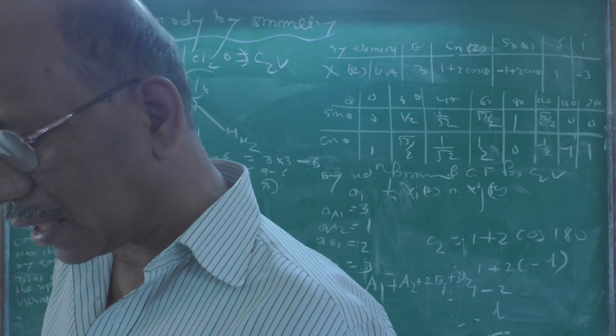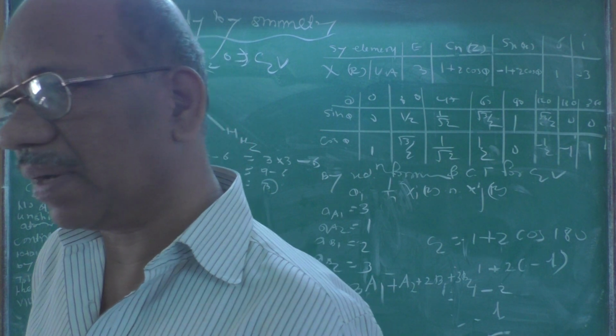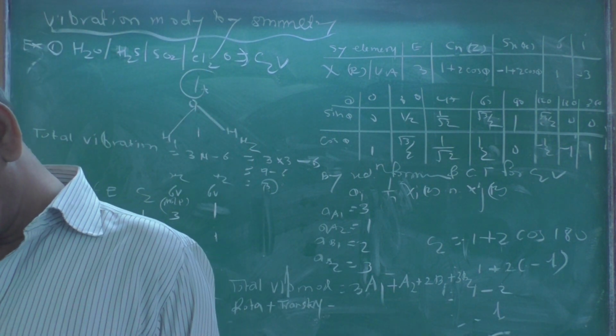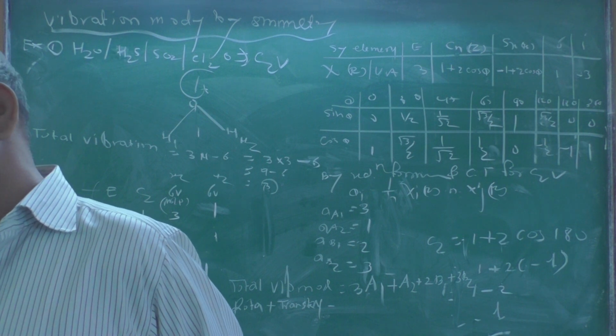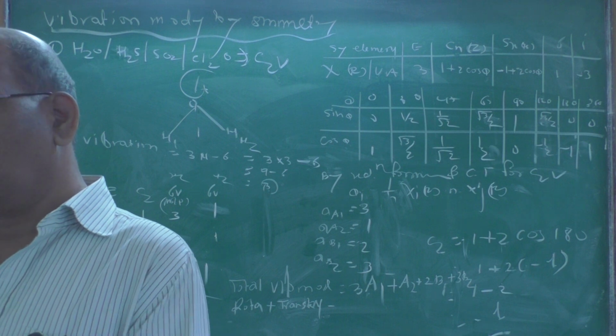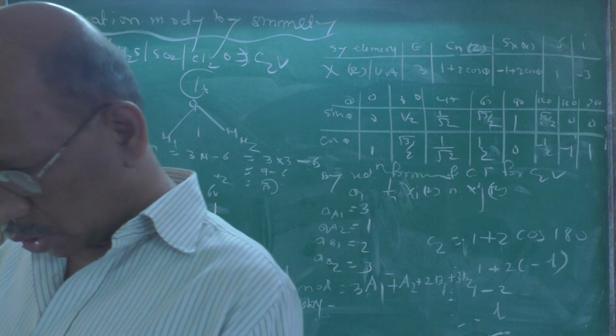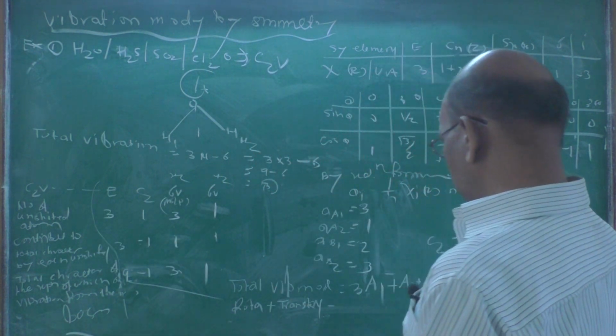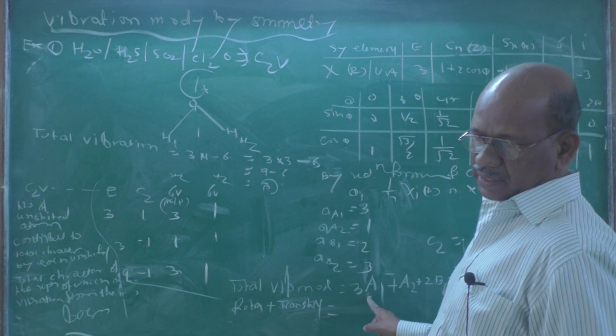We consider the character table, and from that, area number third, we refer to it. If we consider the rotation and translation, we subtract one mode, and only one mode remains as it is.